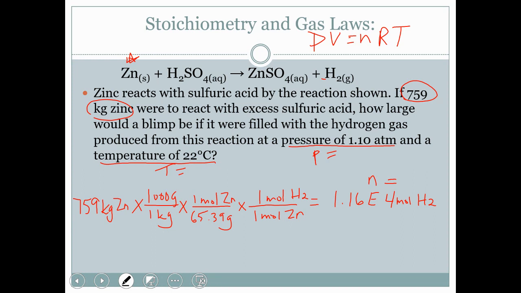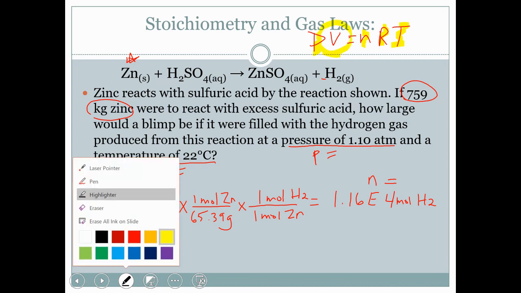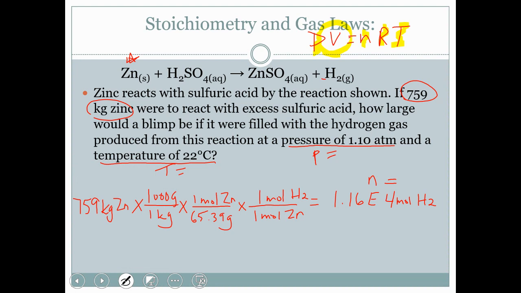We know pressure, we know temperature, we know moles because we just solved for it, and we know R because that is a constant, and the only one left is the volume. To solve for volume, we just divide both sides by the pressure. So the volume occupied by the gas is going to be nRT divided by P. We just solved for the moles.